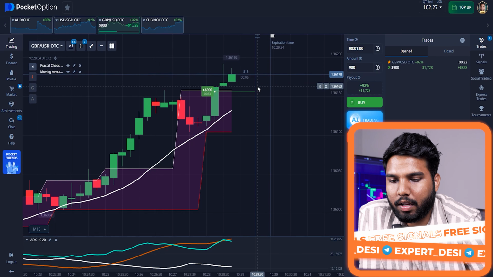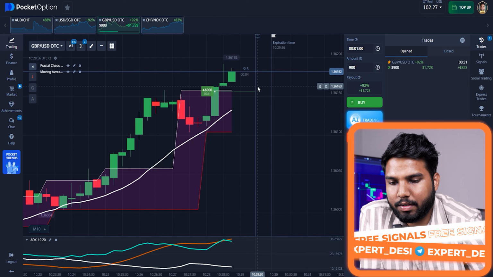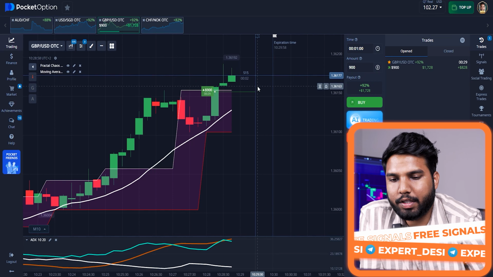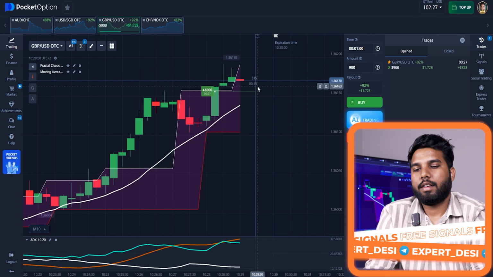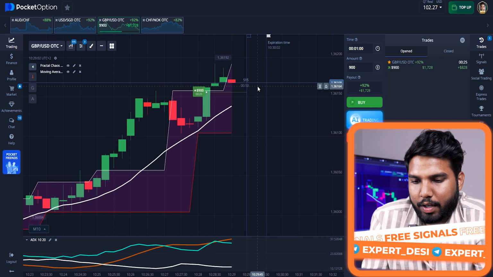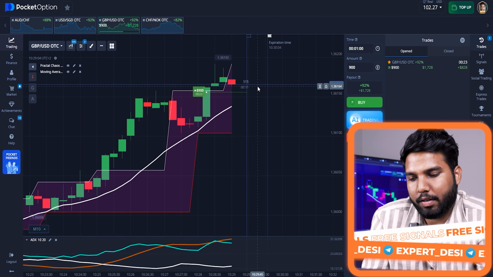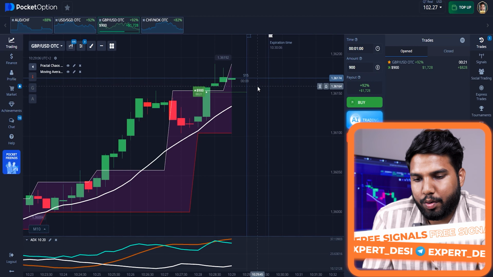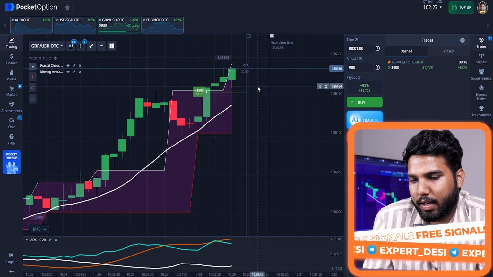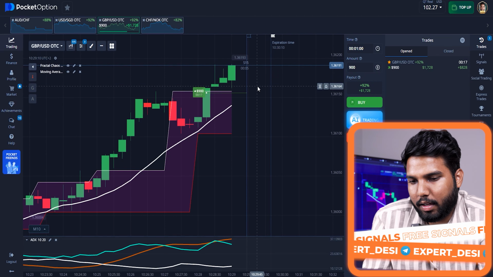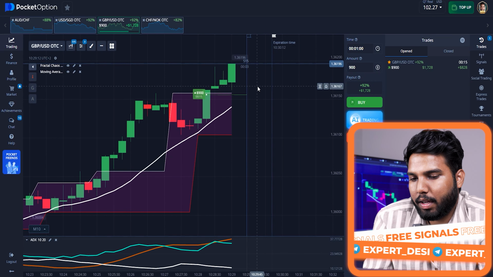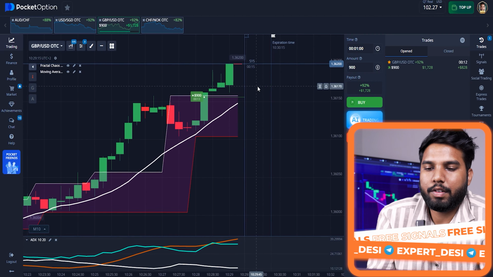And also we can analyze it with the other indicators. So first one, fractal chaos, we can see that the candles are outside the upper part of the cloud. So it shows that we have new highs here and the market is going up. The same thing with the moving average.